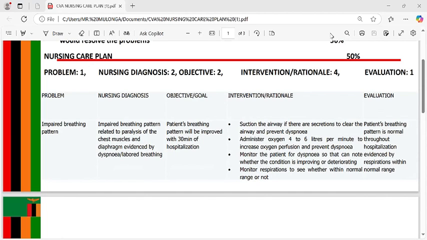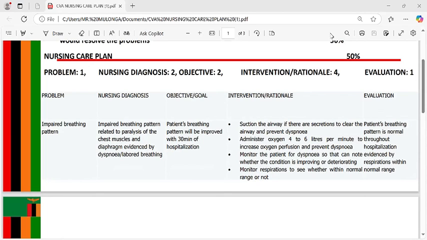When we're prioritizing our problems in the nursing care plan, one of the first things to consider is what we call the ABC. These are the 3 parameters that we use in resuscitation, and they mean airway, breathing, and circulation. These are the 3 most cardinal. If a condition has any of these problems, they should be among the first 2 or 3 problems.